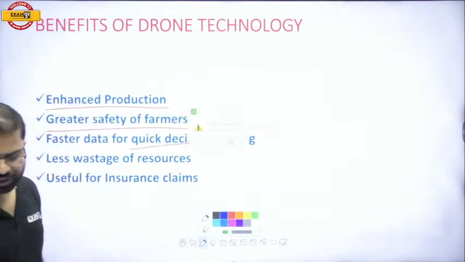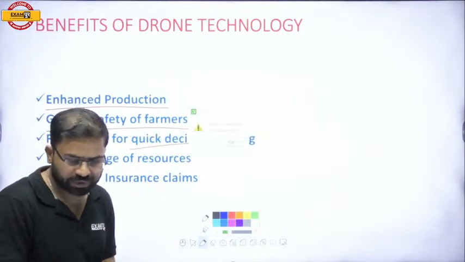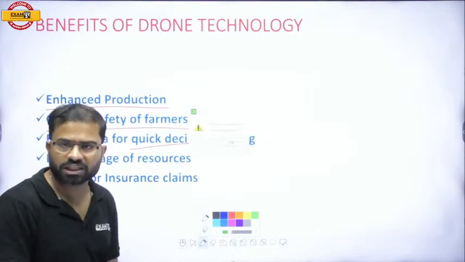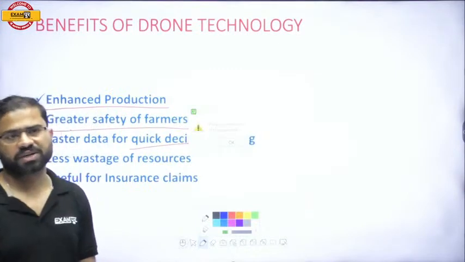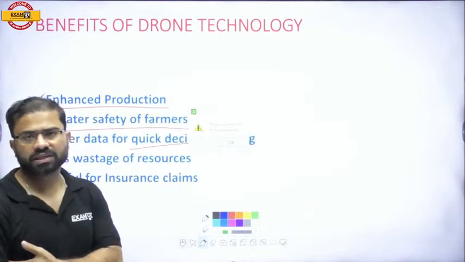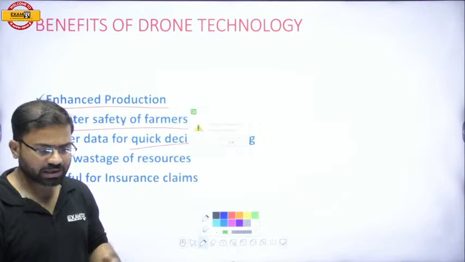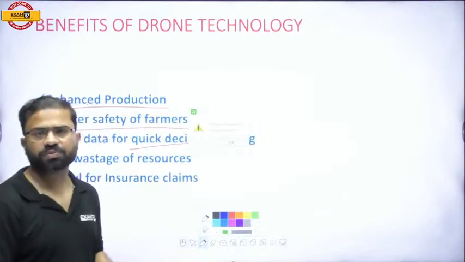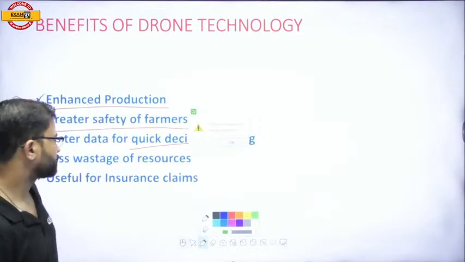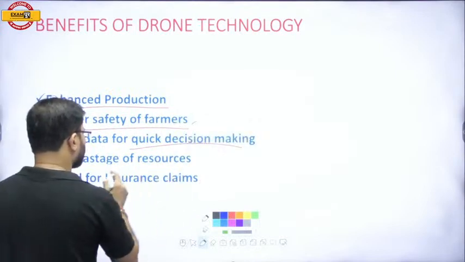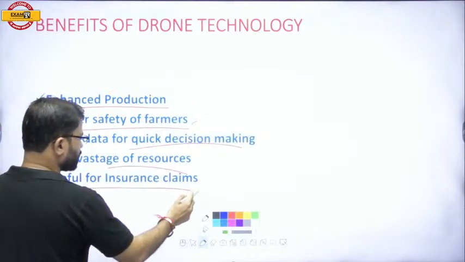With the help of the drone, you can easily monitor your complete agricultural field in different aspects. Soil analysis can be done, pesticides and weedicides can be checked, fertility and productivity can be ensured. So the sooner you come to know, you will take different steps to increase performance. Less wastage of resources, and useful for insurance claims.